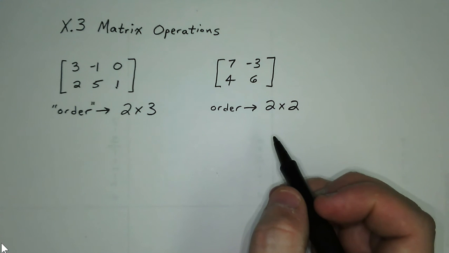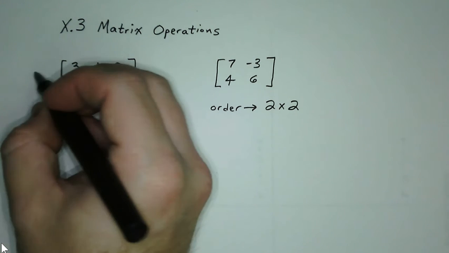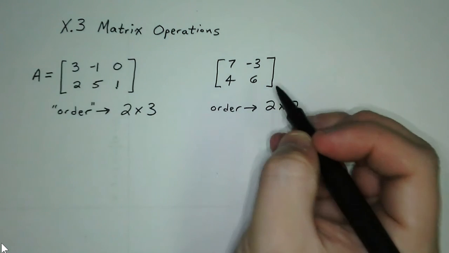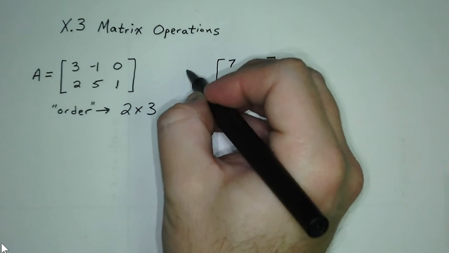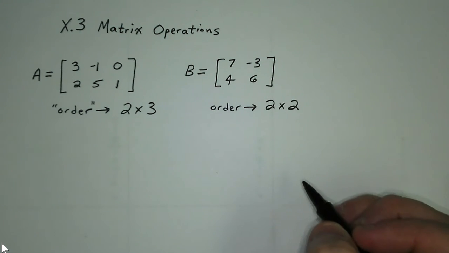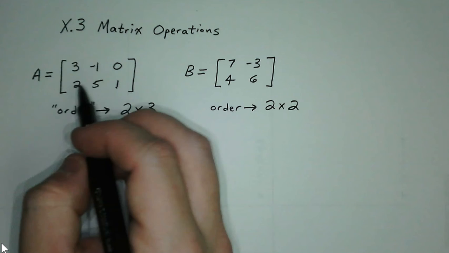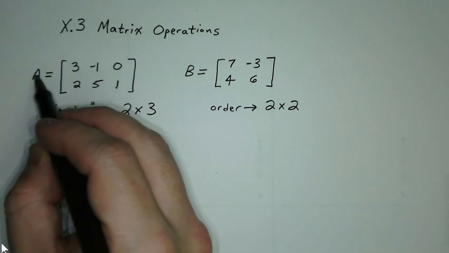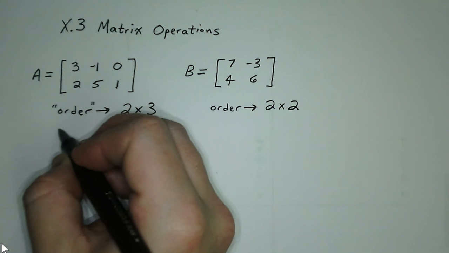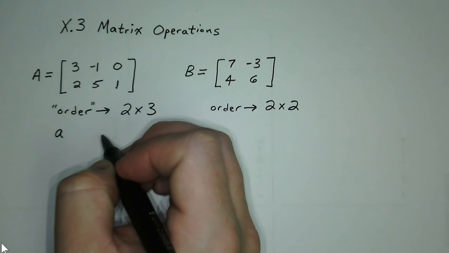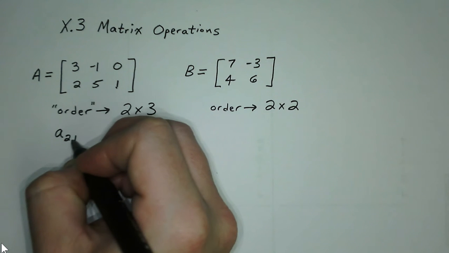And if I wanted to refer to one of them, first of all, you can denote the entire matrix using a capital letter A, and then you could also use capital B. So this is matrix A, and we can call this matrix B. So over here, the entire matrix is matrix A. To denote just one of these individual elements, I would use lowercase a, and then 2, 1 in the subscripts.